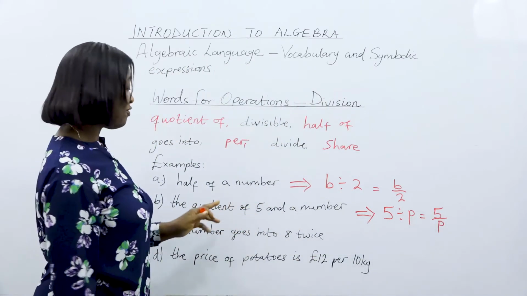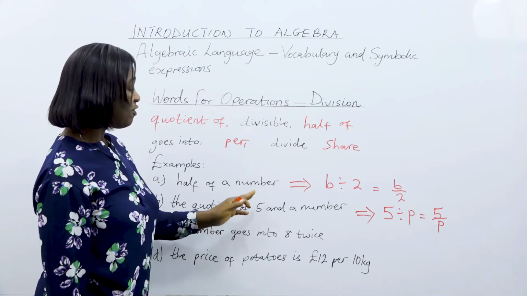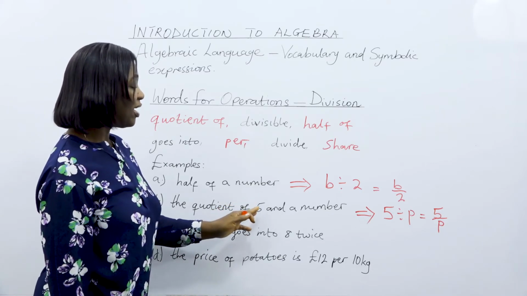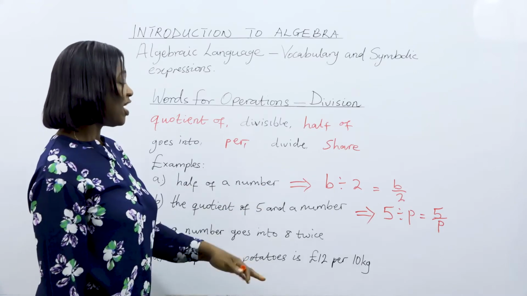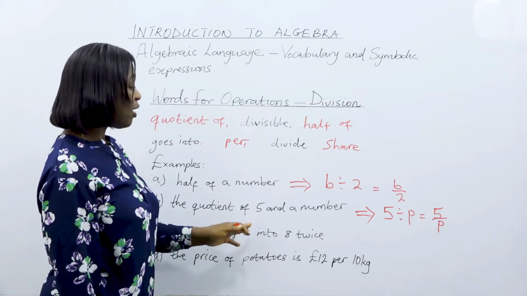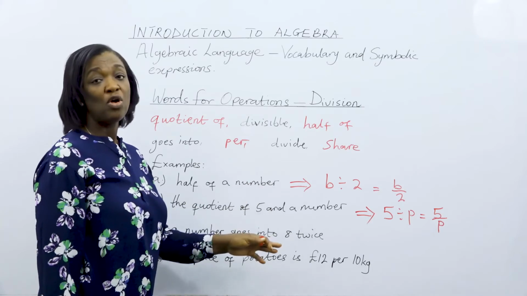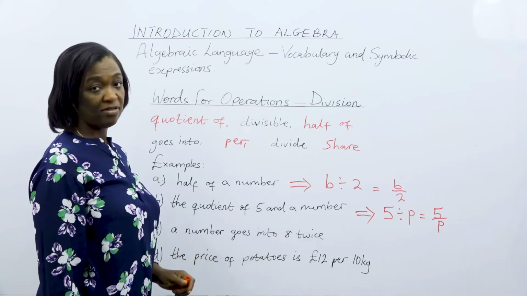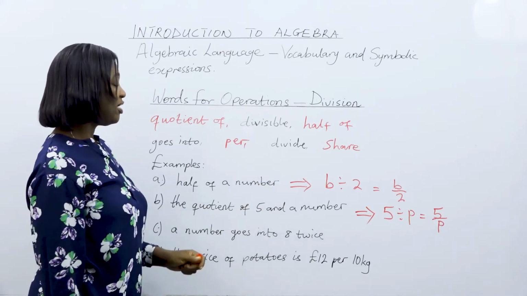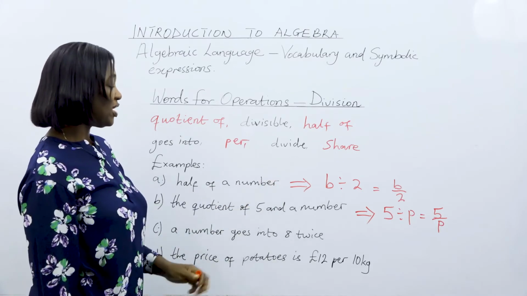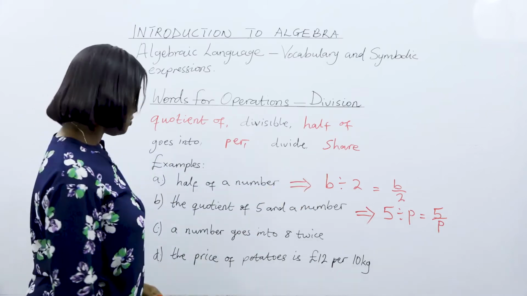And this is different from the quotient of a number and 5. If we let our number be p, that would have been p divided by 5, which would be p over 5. So take note of that. The quotient of 5 and a number, if we make the number p, is 5 over p.